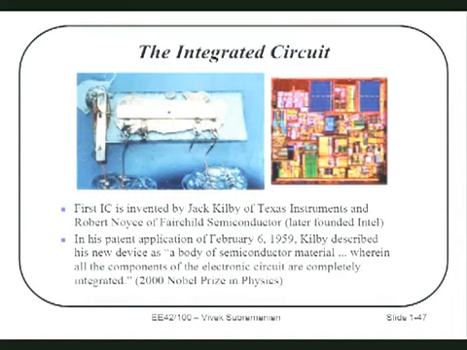In this case, it had a resistor, a transistor, and a couple of wires. But basically, what he showed is you don't need to have individual transistors and wire them together by hand. Rather, you can build them all on a single chip. And that's a relatively modern integrated circuit, and it'll have millions or billions of transistors all on one chip.